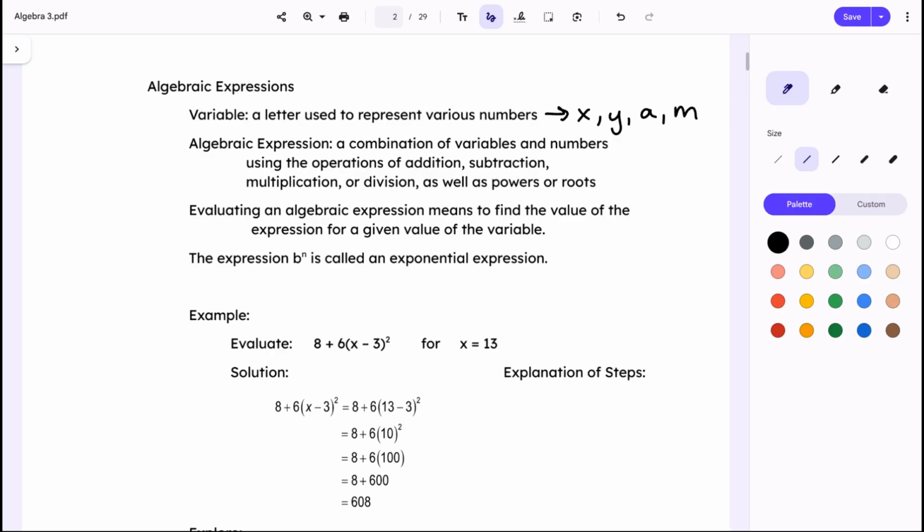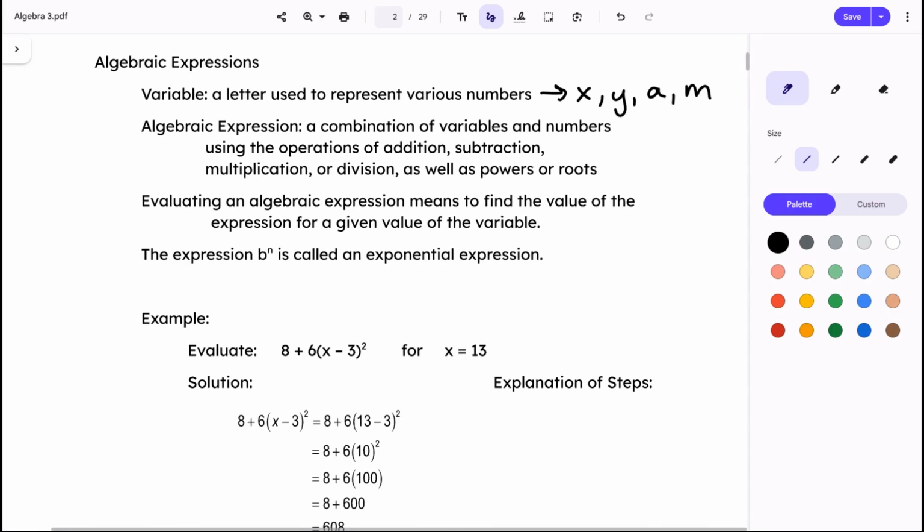So an example could be if I had an expression that said 8 plus 6x minus 4x to the third, something like that. That would be an expression, because it has numbers, letters, exponents, and plus and minus signs.